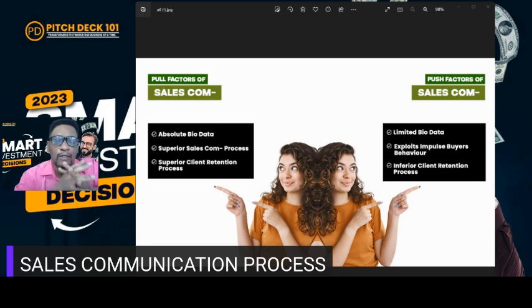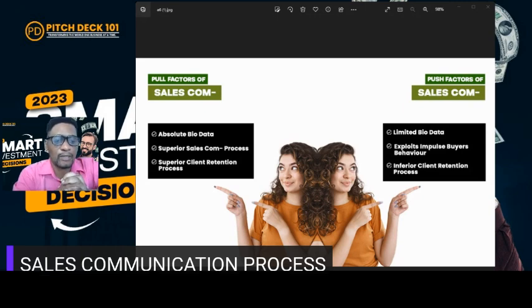On the other hand, you have the push factors of sales communication. And you have things like limited biodata, exploits, impulse buyer's behavior, and inferior client retention process.